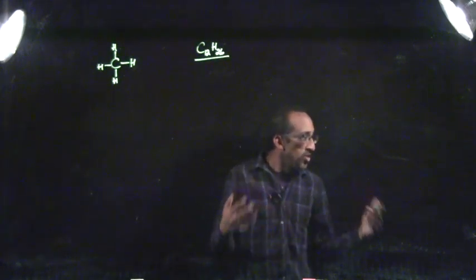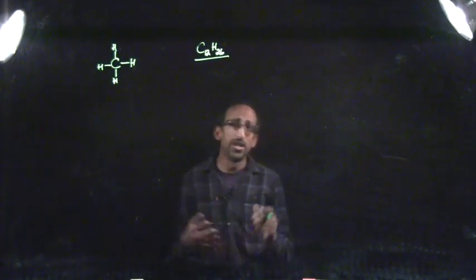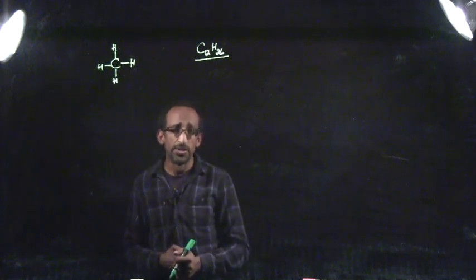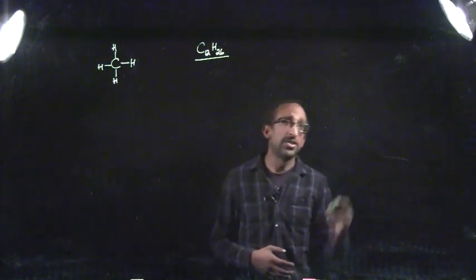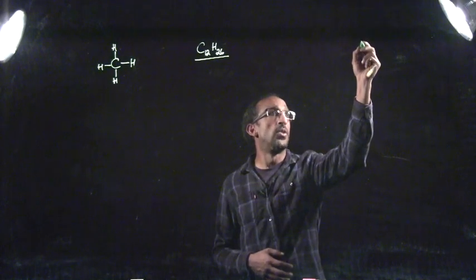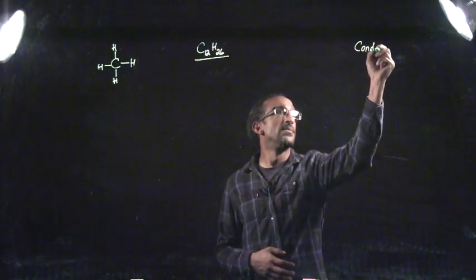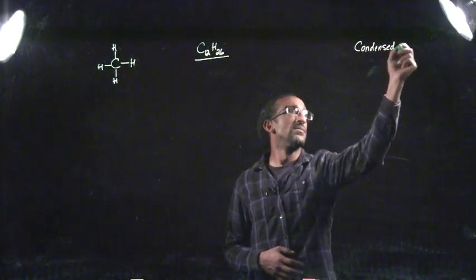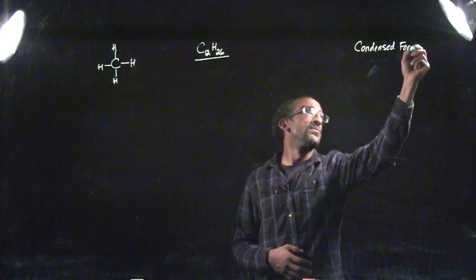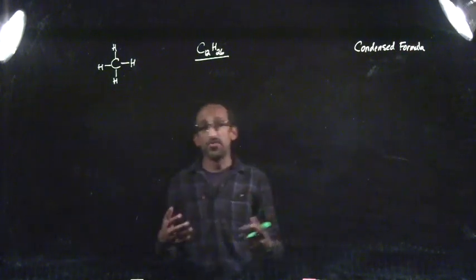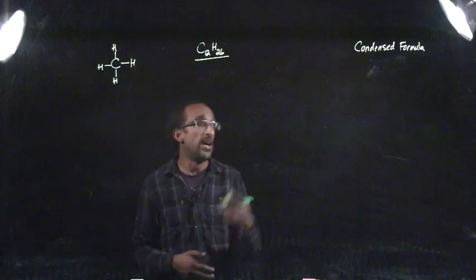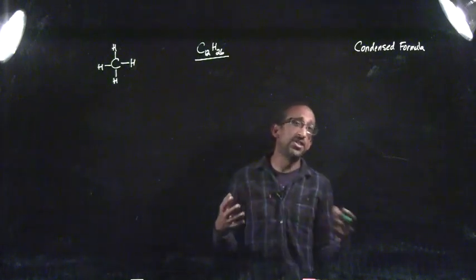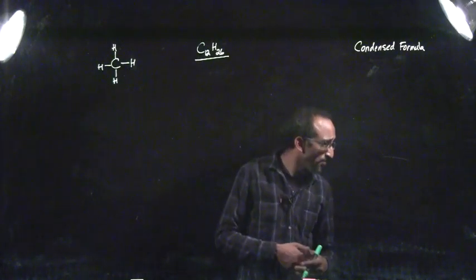So, we're going to see two new ways to draw molecules. The first is going to be called a condensed formula. A condensed formula reduces the number of bonds that we need to draw in the molecule, but still shows every atom explicitly.